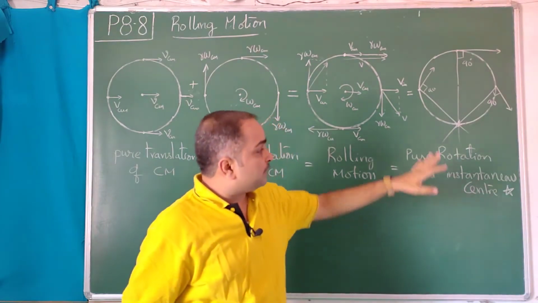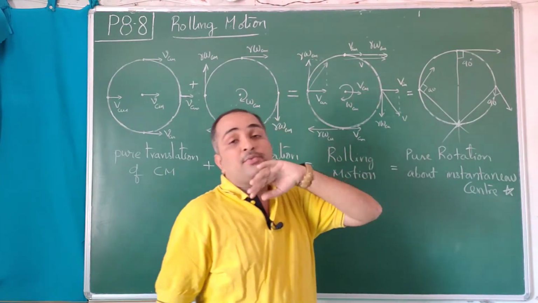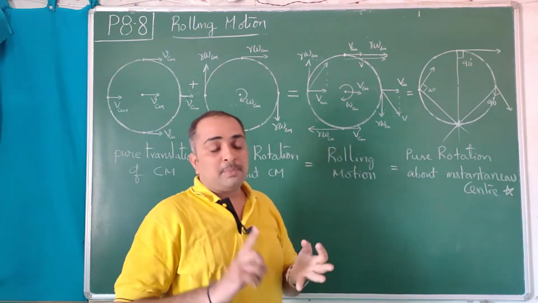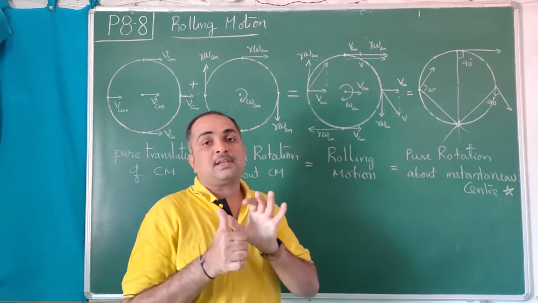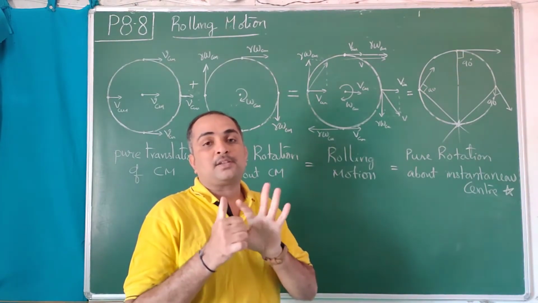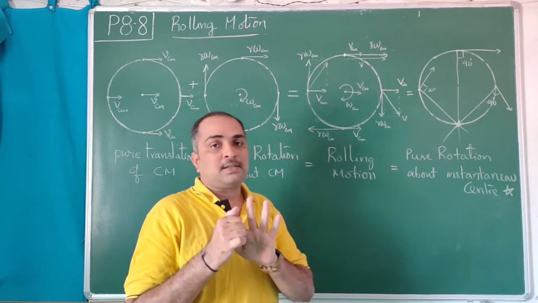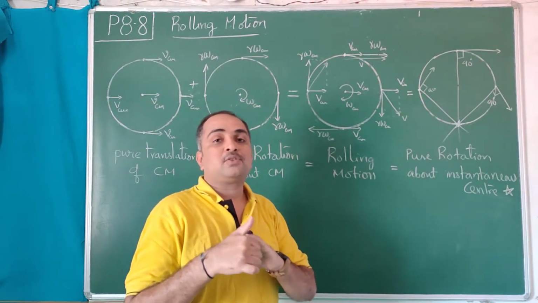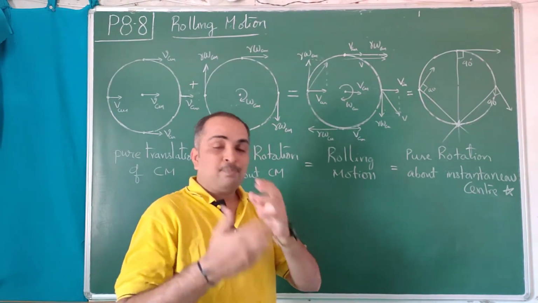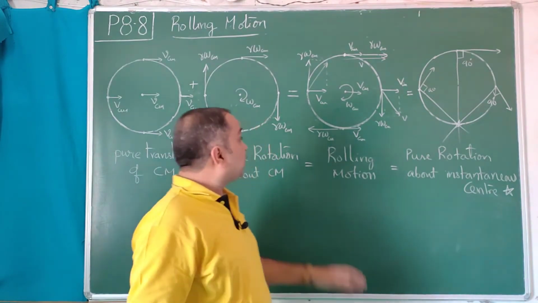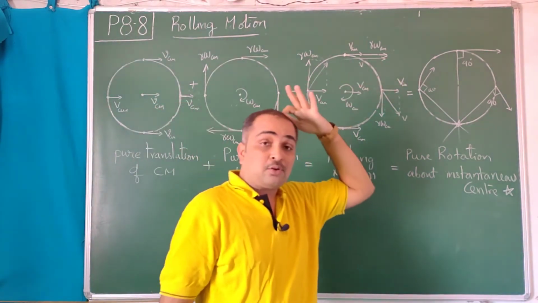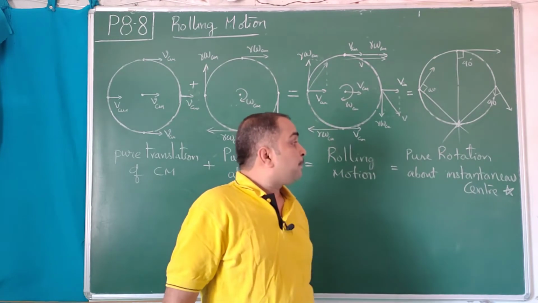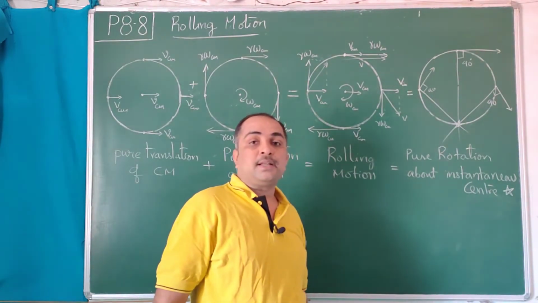Not only for this advantage, if you learn this in future, for rolling bodies many times we take only 6 cases: ring, hollow cylinder, solid disc, solid cylinder, hollow sphere, solid sphere, only these objects. But if any cube kind of object is there, you cannot deal with it like this. So there you can use that concept of pure rotation about the instantaneous center.